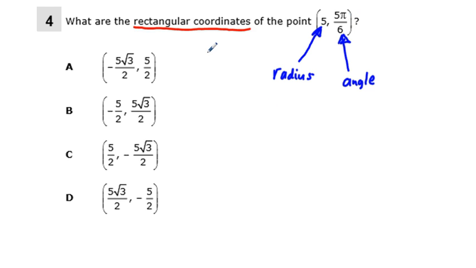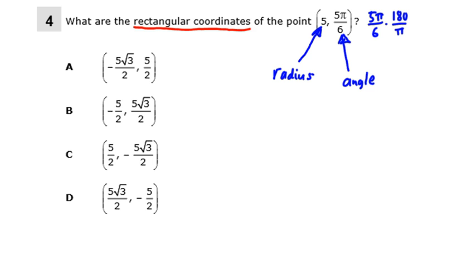I find that my students work a lot easier with degrees than radians. So we take this 5 pi over 6, we can convert it to degrees by multiplying by the conversion factor 180 over pi.